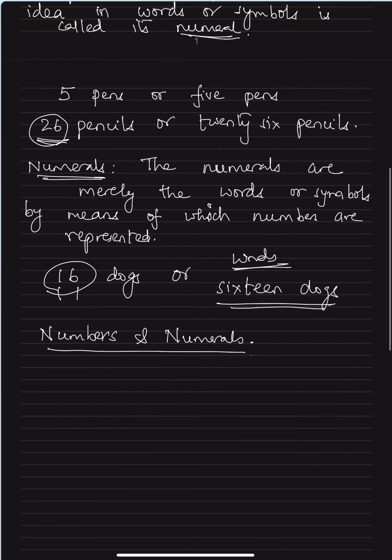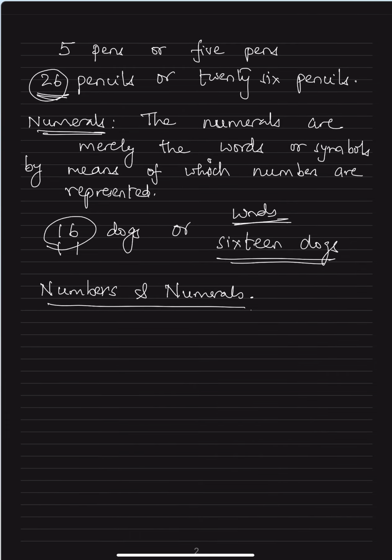Now, in your previous classes, you have already understood place value up to 5 digits. Suppose I give you the number 42607. First, this number was in my mind. Now I have written it in the form of numerals. Now we will see the place value.